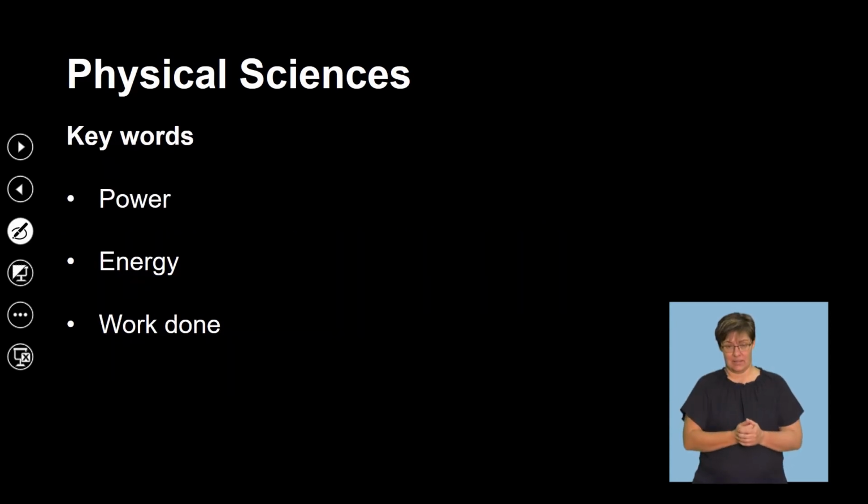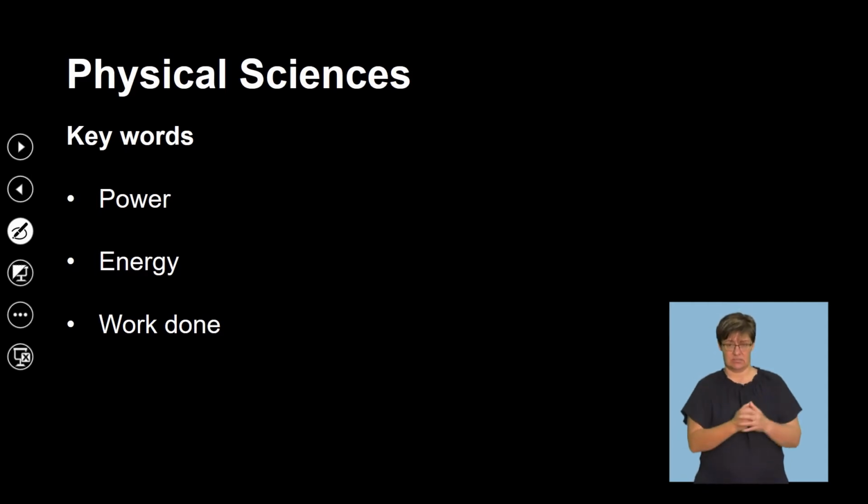So these are the keywords that we would focus our attention on, that you need to take note of, and we would use these keywords more often than others. The three keywords that we've identified for today's discussion are power, energy, as well as work done. But you'll also realize that these terms are related to each other.